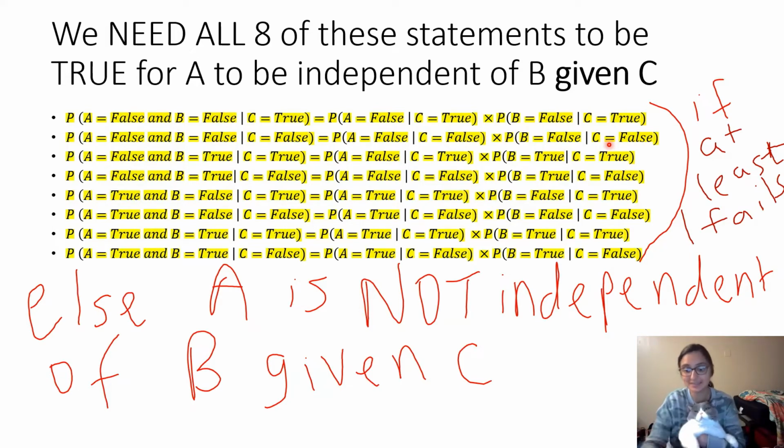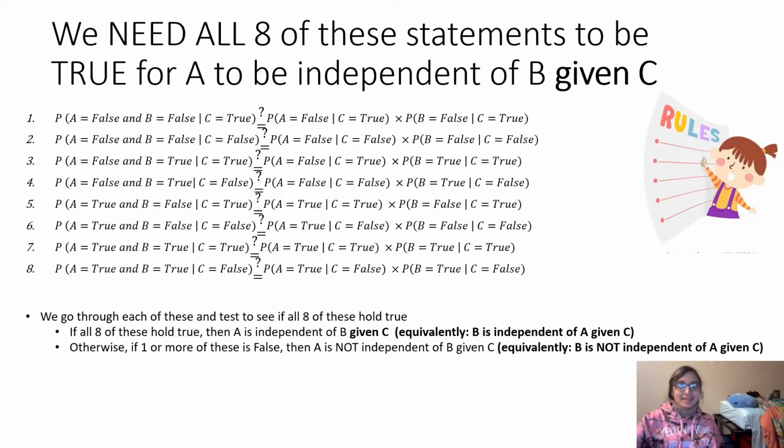That's a lot to test. And if all of these are equal, then A is independent of B given C. Thus, we need all 8 of these statements to be true for A to be independent of B given C, or equivalently, B is independent of A given C.